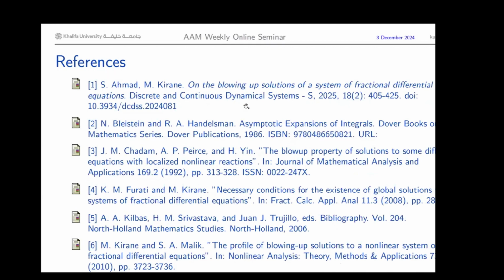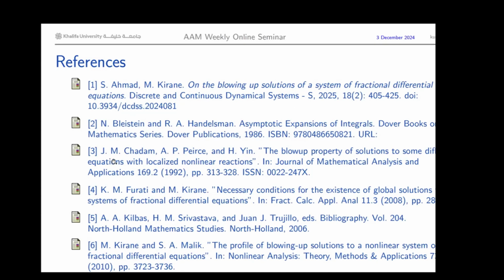So of course, the first reference is our paper. You are more than welcome to see more of the detailed calculation in our paper. And this book of Bleistein and Handelsman will give you an idea on how to get the expansions.